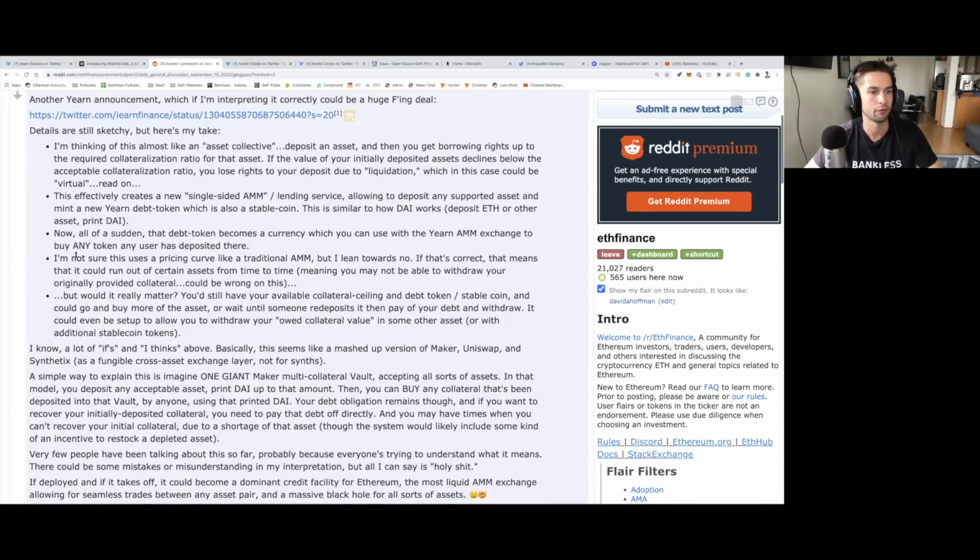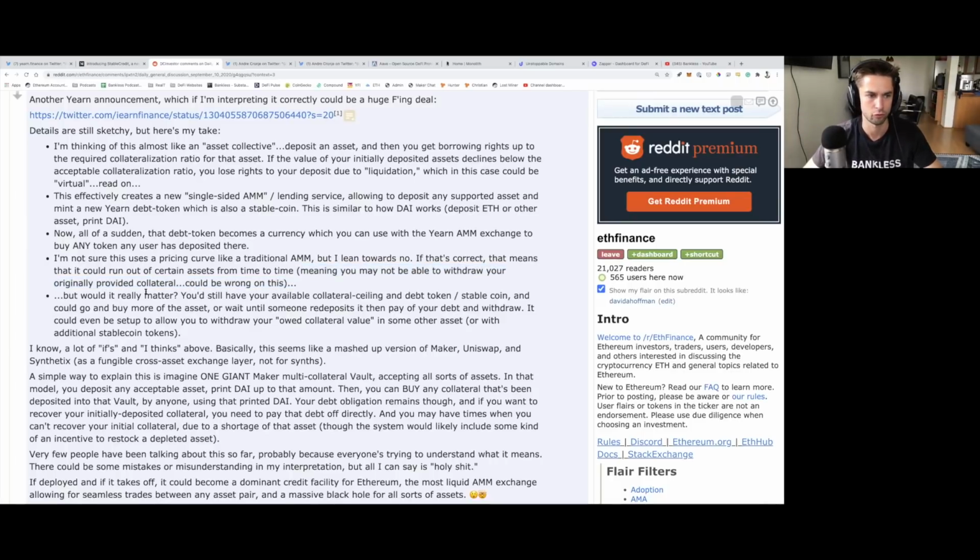I'm not sure if this uses a pricing curve structure like a traditional AMM, but I lean towards no. If that's correct, that means that you could run out of certain assets from time to time, meaning that you will not be able to withdraw your originally provided collateral. Could be wrong on this. DC, we're about to get into this. He is right, but also meaningfully no. He won't be able to.